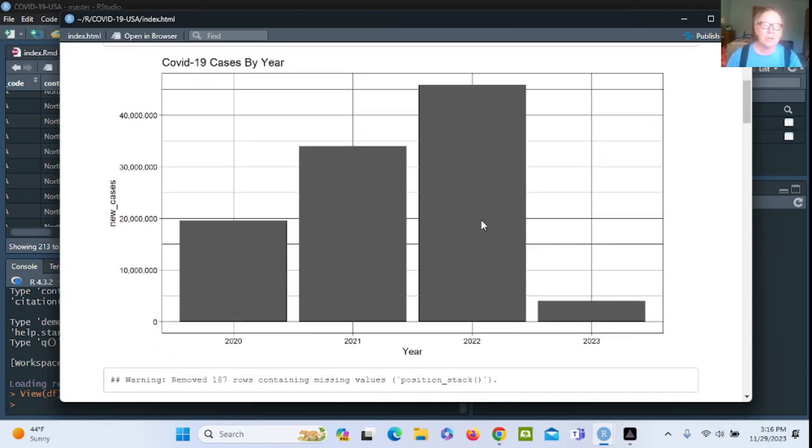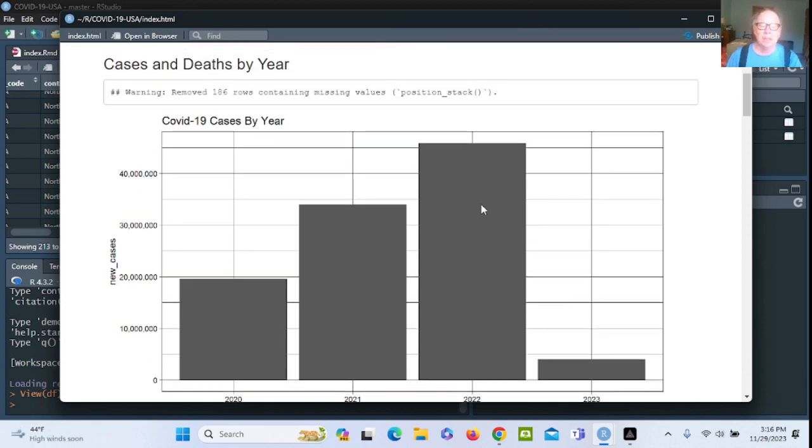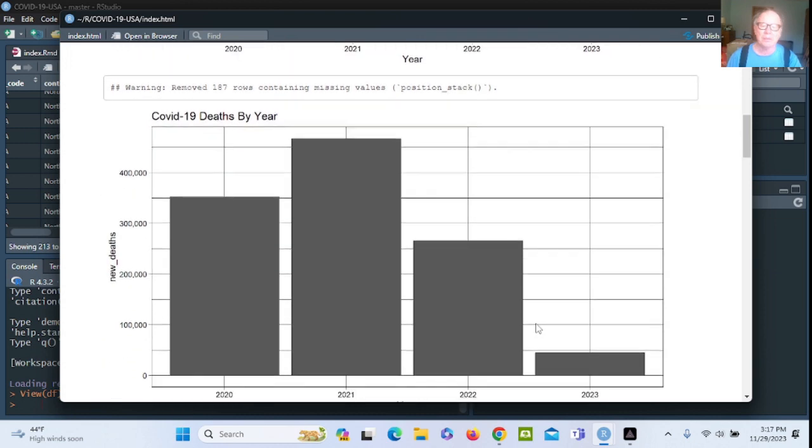And here's your yearly total. You can see that in 2022, we still had probably about 45 million cases for the previous 12 months. 2023, of course, is not being recorded, so it doesn't really make a lot of difference.